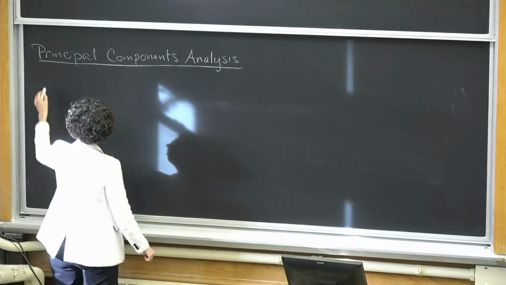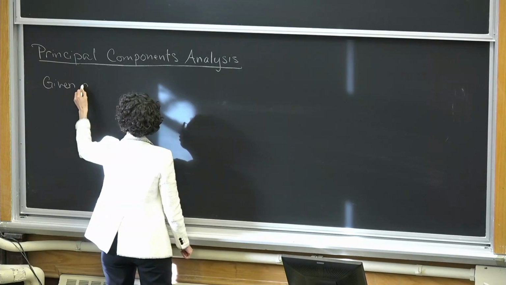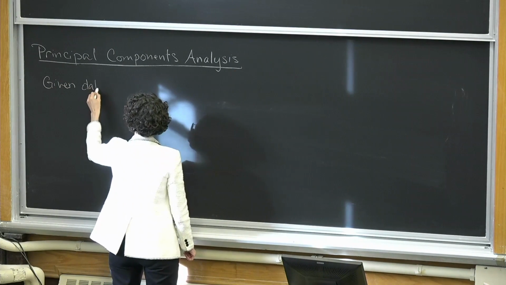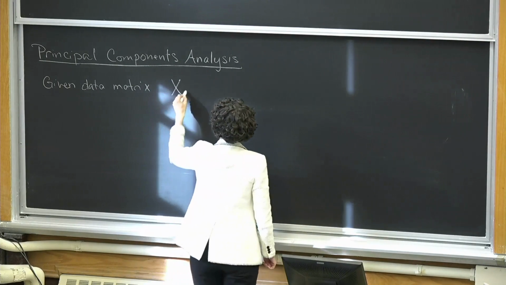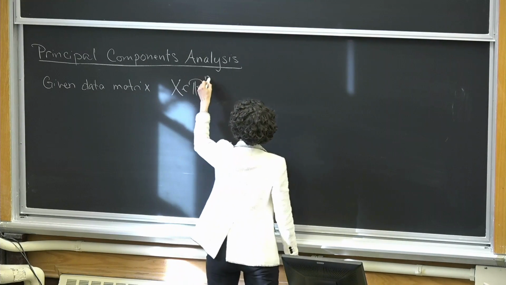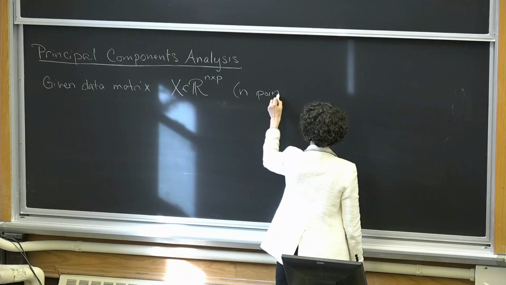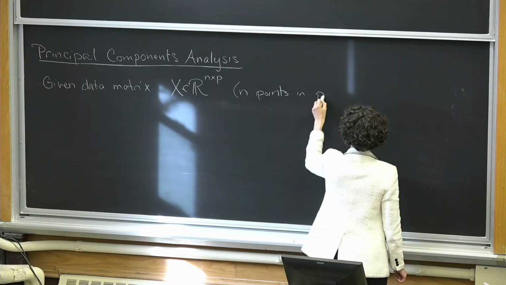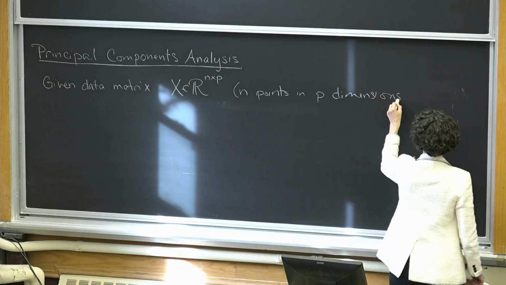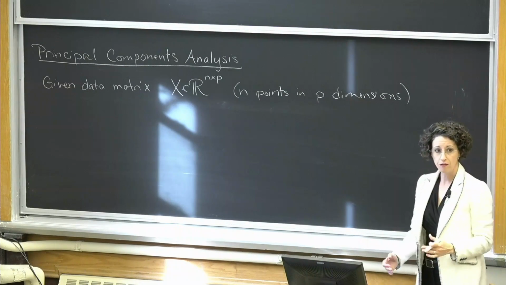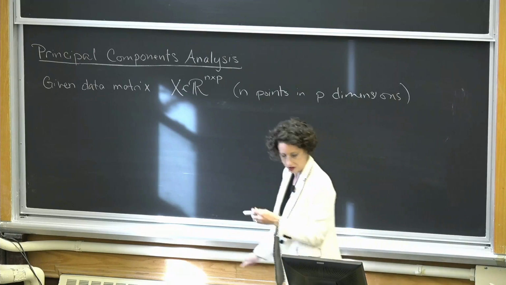So we're going to consider a matrix of data, X, that we're going to write as n by p. So we've got n points in p dimensions. And the first step with PCA is to center the columns.